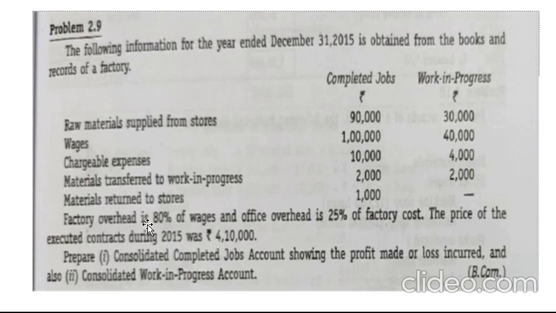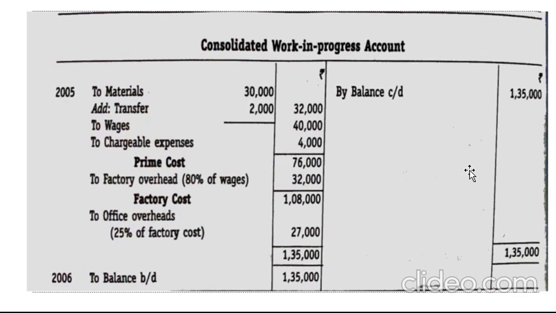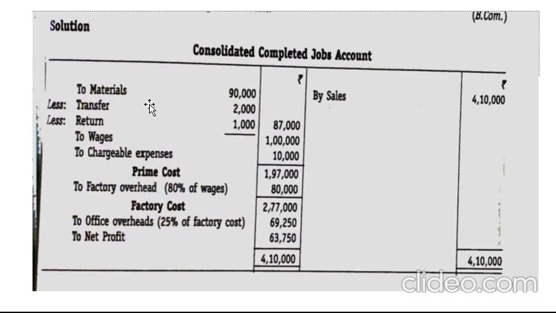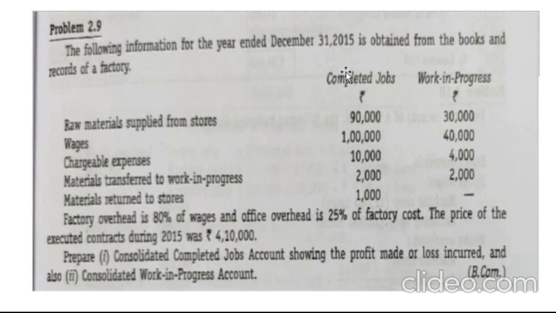What is your next account to be prepared? They have asked to prepare consolidated work in progress account. They have given information about work in progress. So you'll find out whether you're getting any income out of it. So now in your consolidated work in progress account, to materials they've given 30,000.